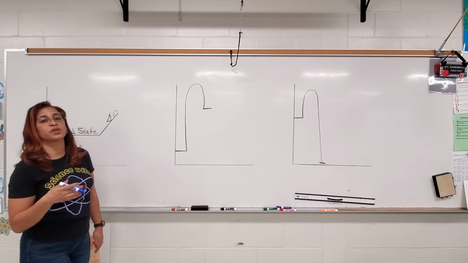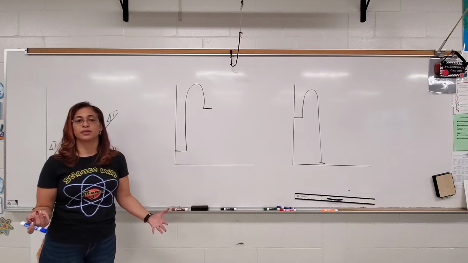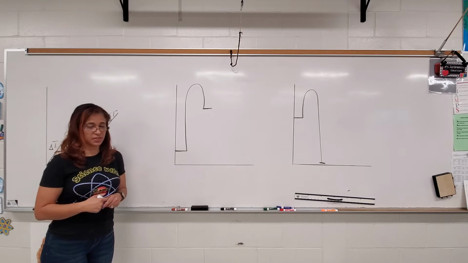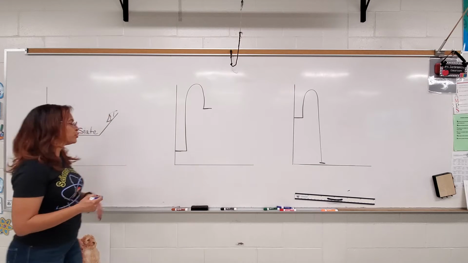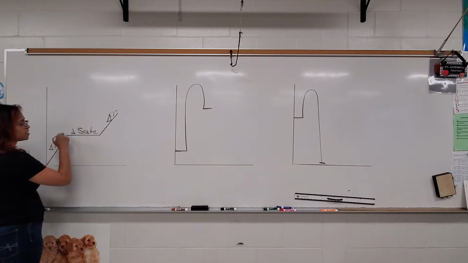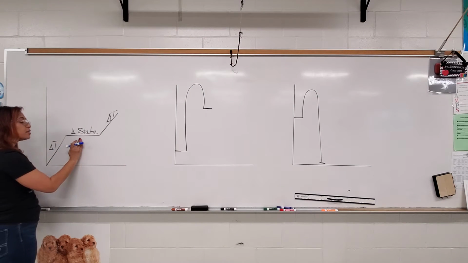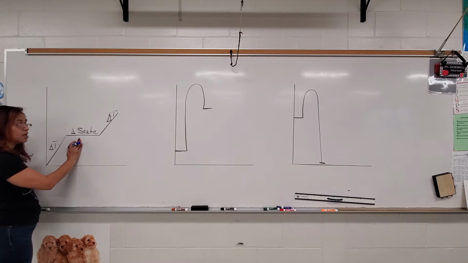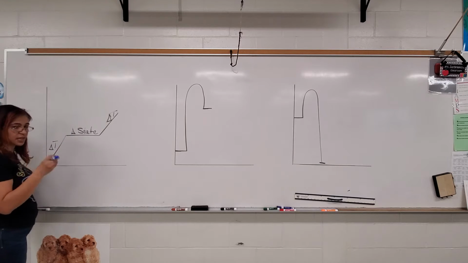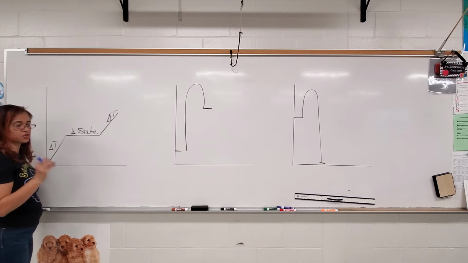But if we're working with a substance, let's say that is a solid, once we reach the melting point of the substance, let's say ice, you get to a point where it is changing state. And during the point where it's changing state, the temperature of the substance does not change.